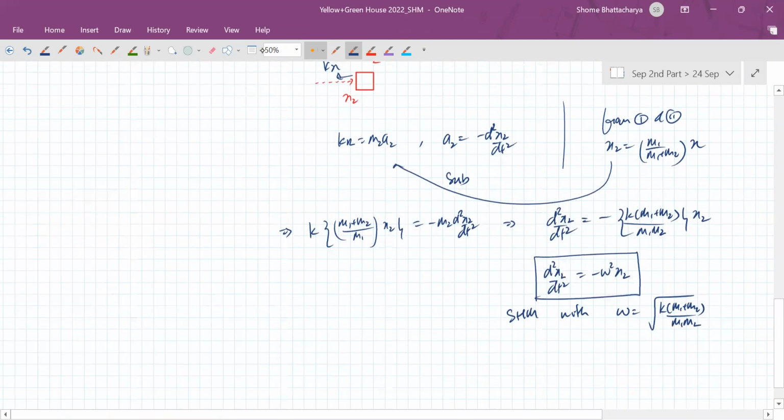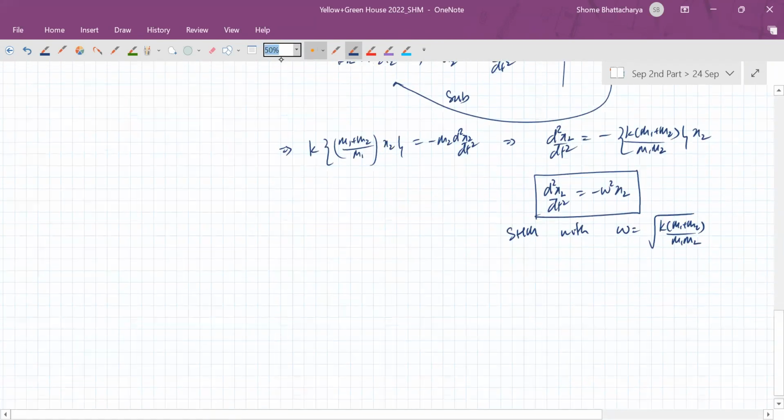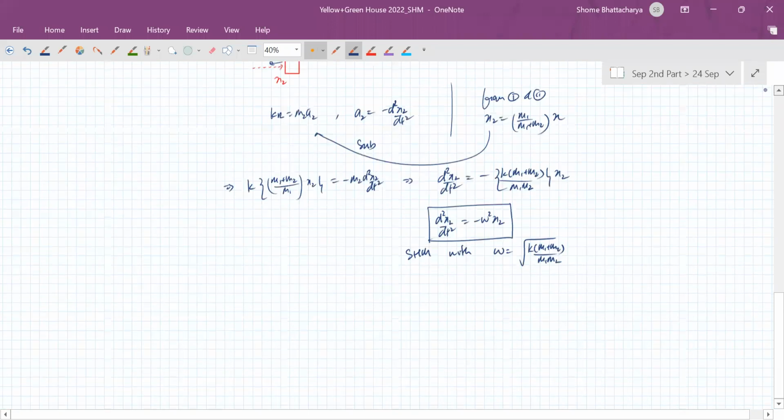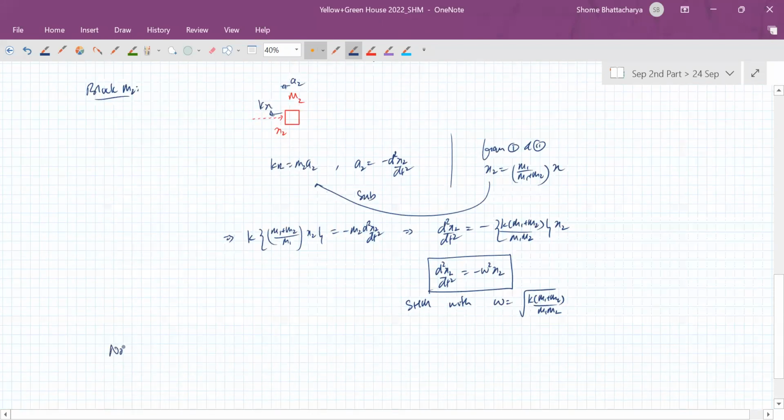So from this, what we do is we develop a generic formula for a two block system like this, where we introduce a term called reduced mass. This term m1 into m2 upon (m1 plus m2). This is called the reduced mass of a two block system like this.